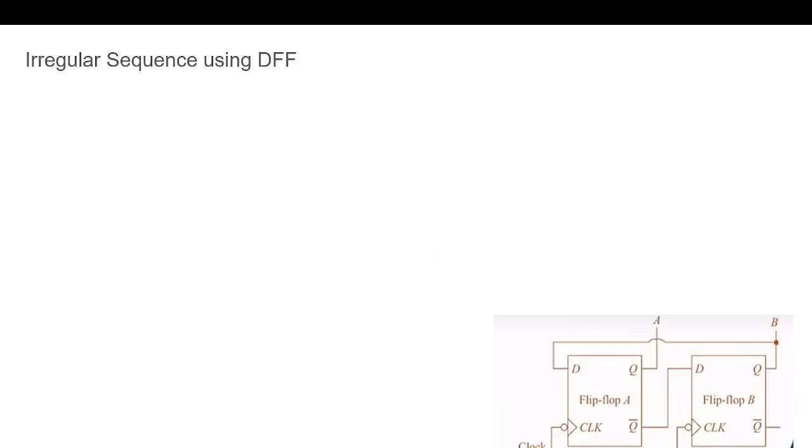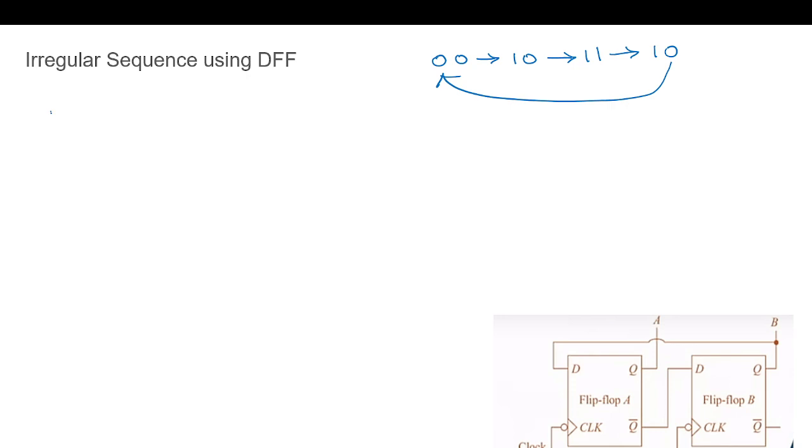With this, we will go for an irregular sequence using D flip-flop. So if we have a sequence which is not a regular one, like not 0, 1, 2, 3, but some random sequence, how can we design such a circuit?